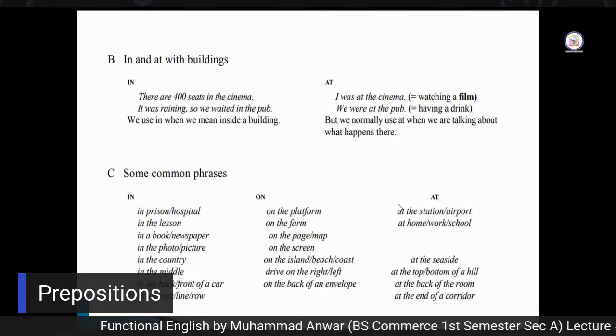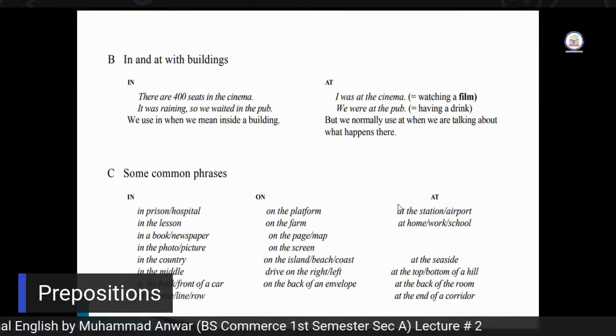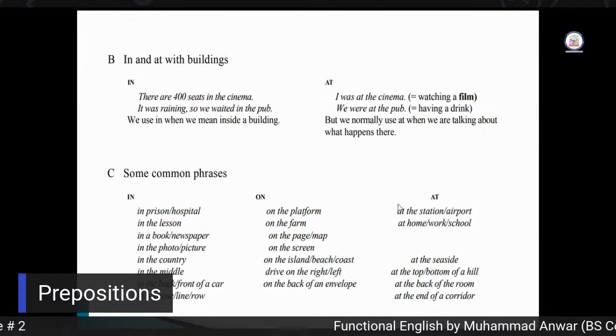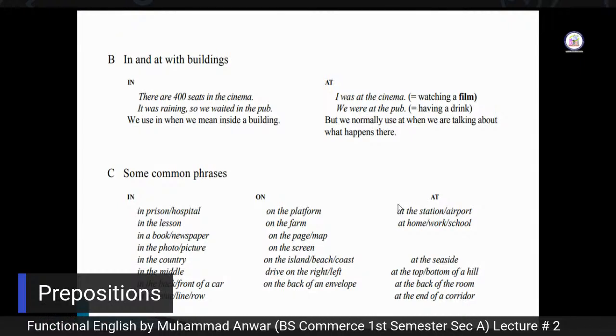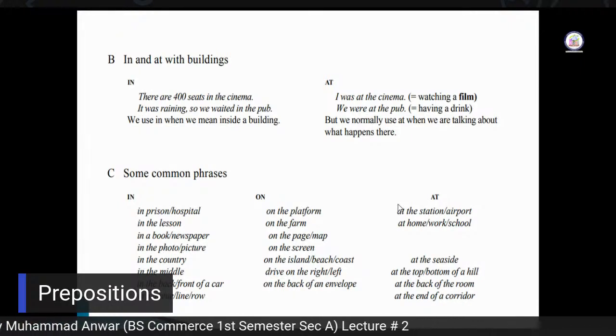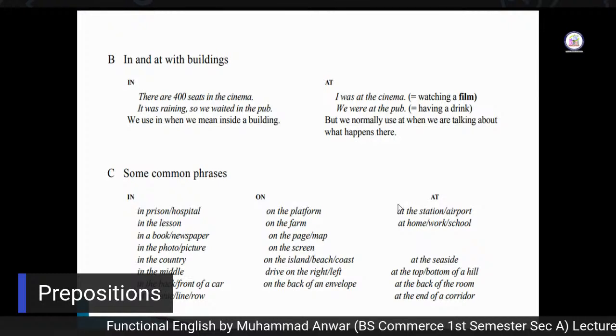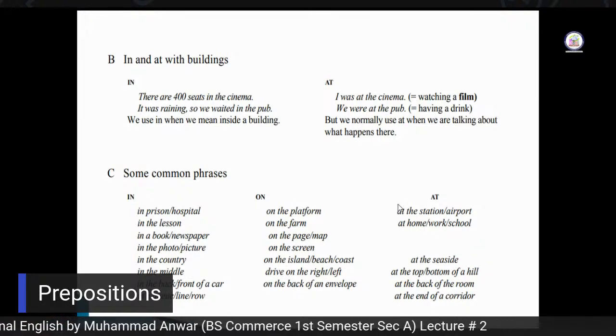I was in the cinema, it means I'm talking about my presence. I'm not watching a film, but I'm just talking about my presence over there inside the boundary of the cinema. Cinema, I'm talking about as a place, as a building, and I'm talking about my presence. But when I talk about, of course, the activity, then I will use here at. I was at the cinema.